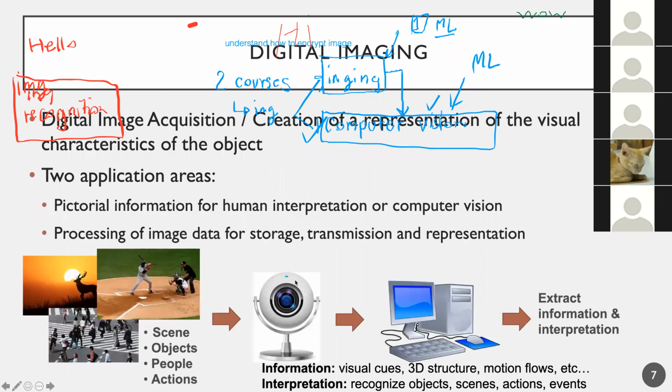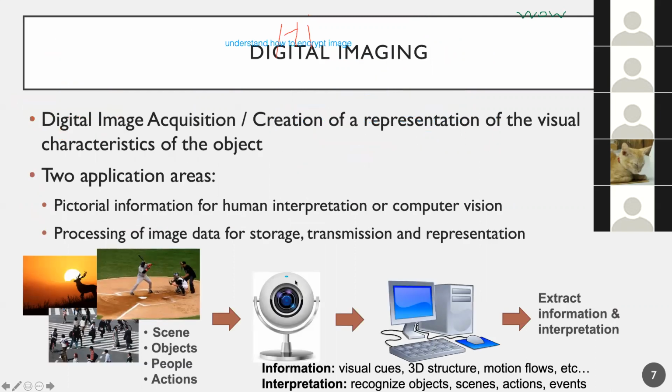So what is actually digital imaging? Let me clear this up a little bit. I cannot clear whatever your friends typed down, but you can do it for me later on anyway. So digital imaging, there are two words. In terms of digital imaging, there always involves image acquisition.